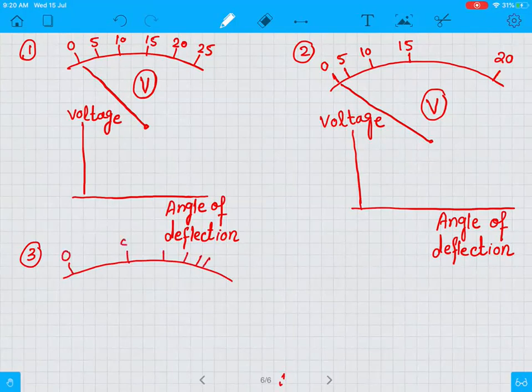So 0, 5, 10, 15, 20 and so on. This meter starts with, this is the pointer when it is off.